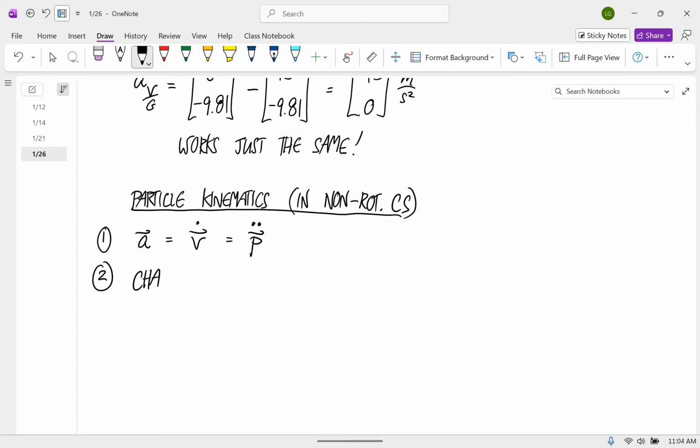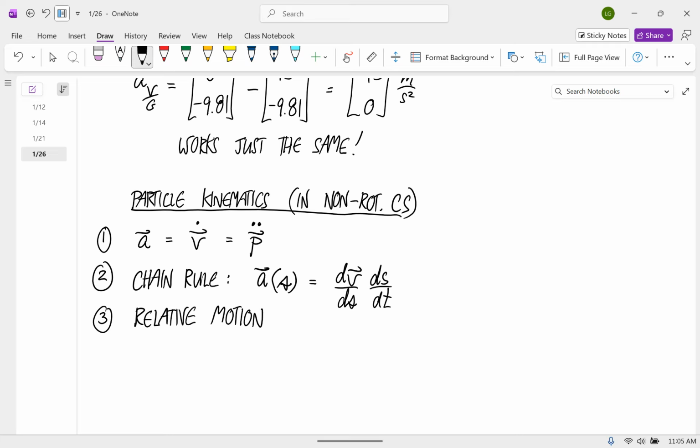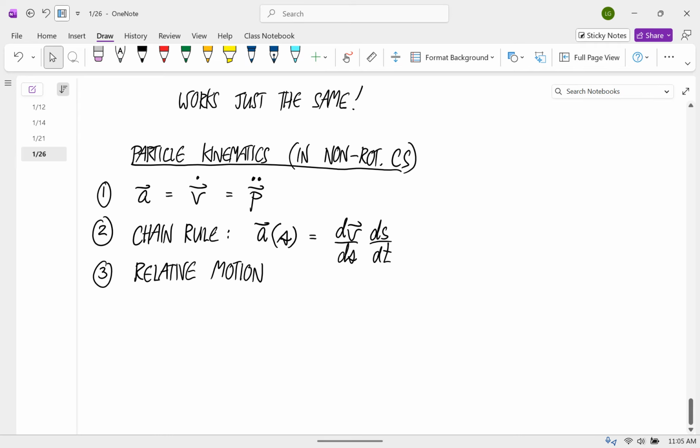We have the chain rule that says the acceleration vector as a function of a position variable is the derivative of the velocity with respect to the position variable times the position variable with respect to time. We have relative motion. And then fourth, we have circular and spherical motion.